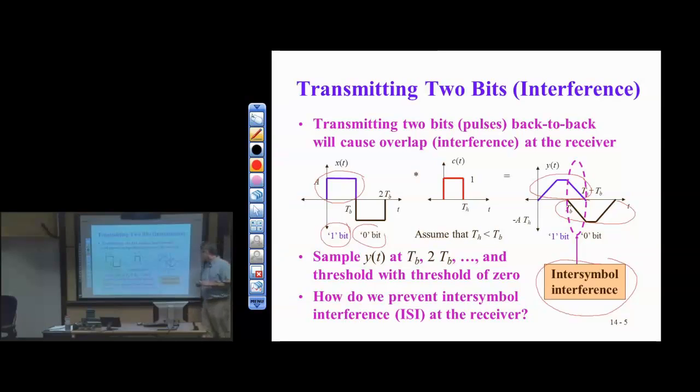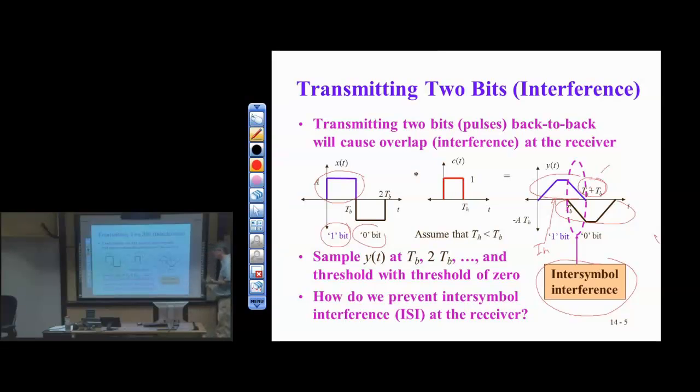That's going to be an issue, because clearly if I start applying the matched filtering idea, or averaging over the symbol duration, and I pick from T sub H to T sub H plus T sub B, then I'm going to pick up contributions from the other pulse that was transmitted.